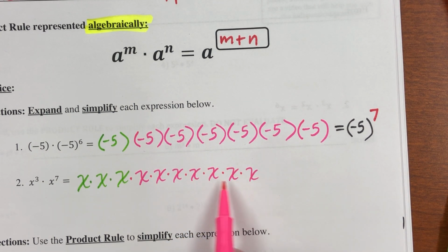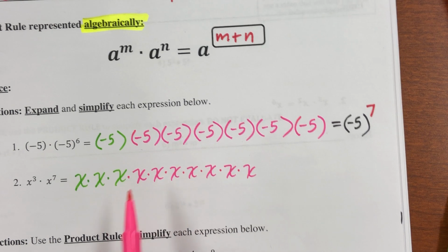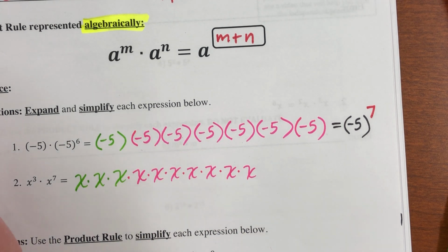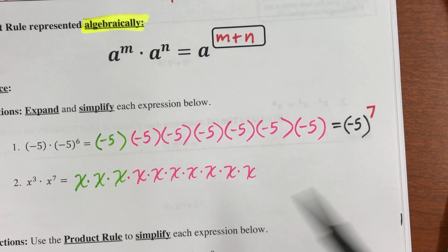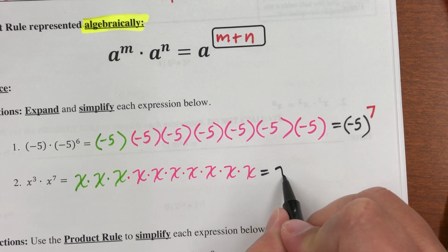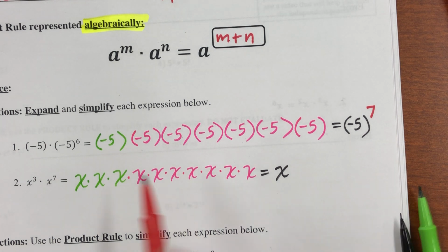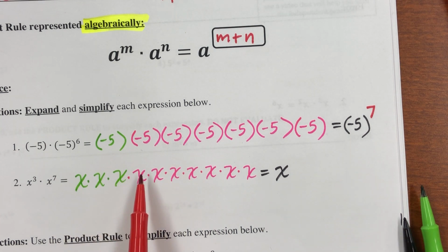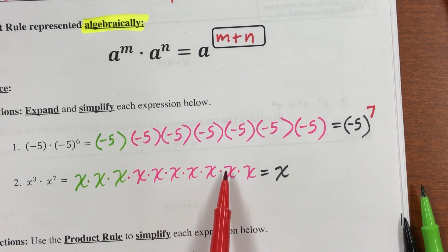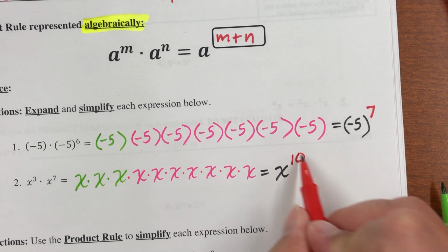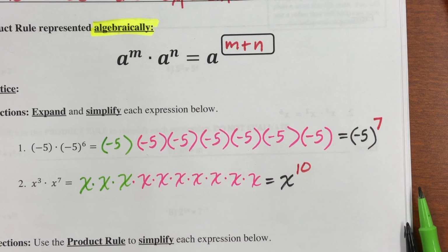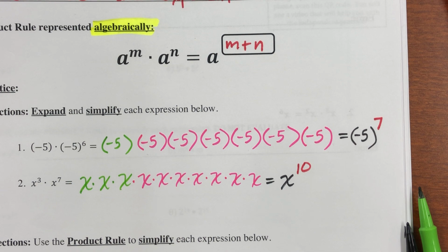Double check. 1, 2, 3, 4, 5, 6, 7. I'm getting better at this. All right, so my base is x, and I'm using it as a factor 1, 2, 3, 4, 5, 6, 7, 8, 9, 10 times. So the base is x, it's being used as a factor 10 times.